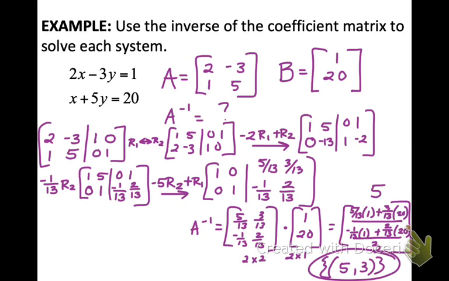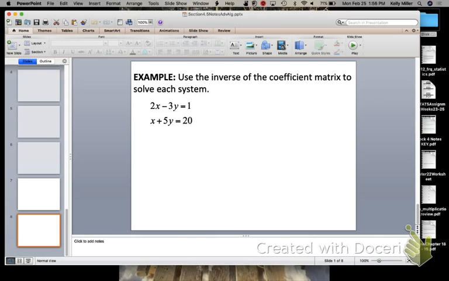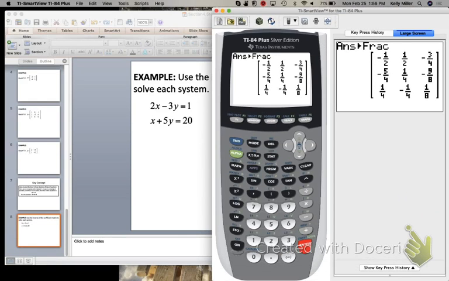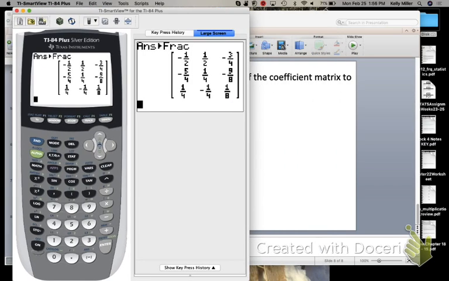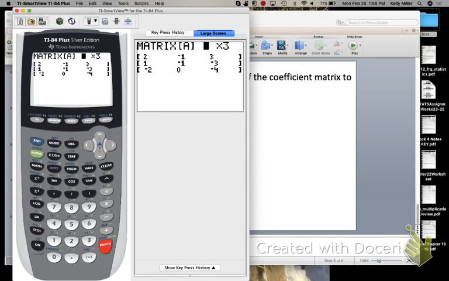Okay, so you can use your calculator to do that easily for you. Let's go ahead and submit in matrix A in your calculator. Go ahead and practice it. It's good to practice it. So matrix A, input your matrix A, go over and edit it. It's 2 by 2 of 2, negative 3, 1 and 5.